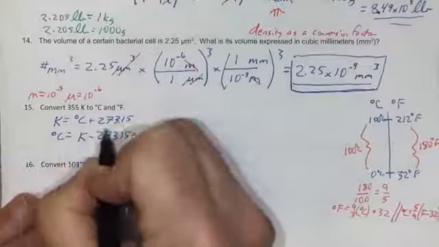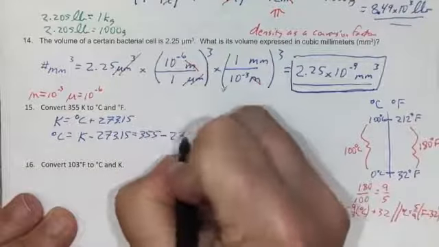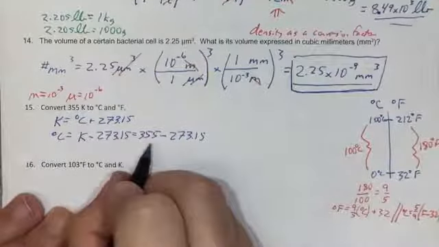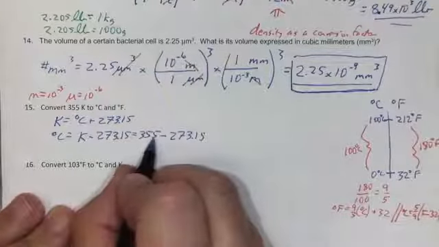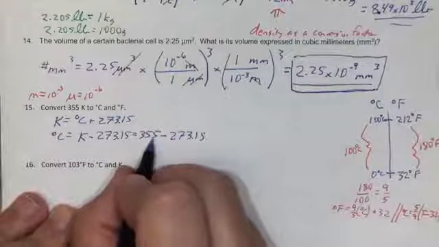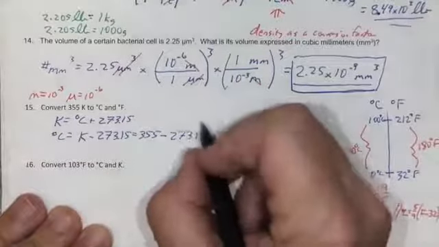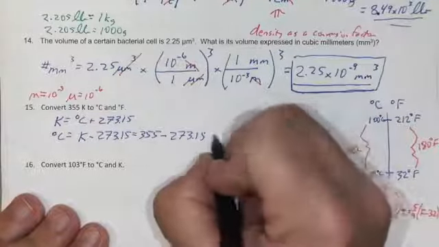That is, the temperature is 355 minus 273.15. Now, the 273.15 is exact. It doesn't limit the number of significant figures. But when we do this, we're subtracting, so counting significant figures, we're precise to the ones place. And so this calculates out to be 82 degrees.